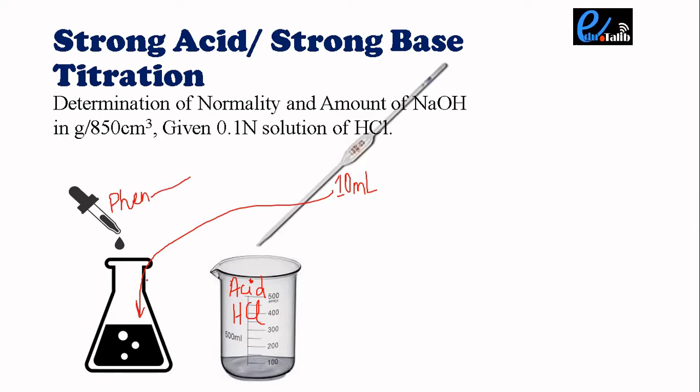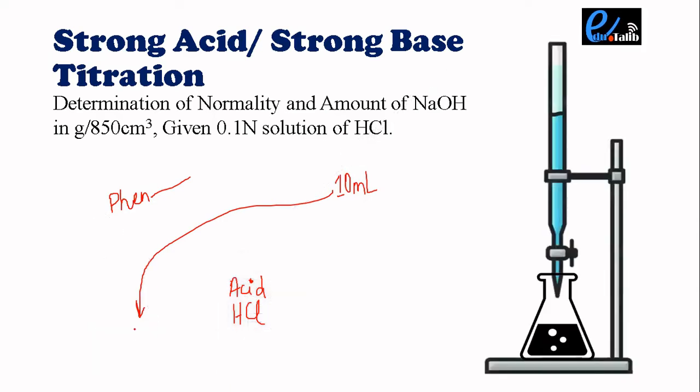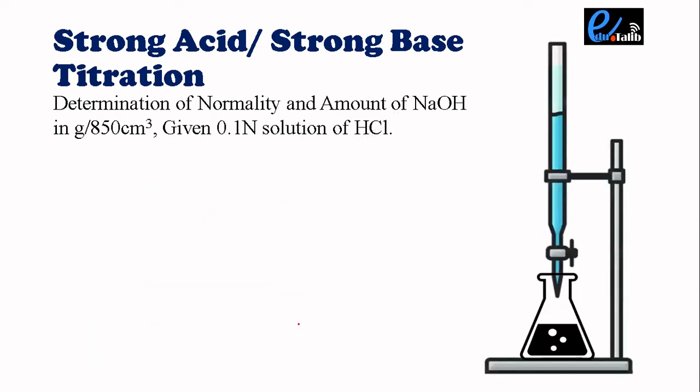So this conical flask has 10 ml HCl along with a few drops of phenolphthalein, and we have to take all this underneath the burette. The burette has NaOH, and this conical flask has the HCl.